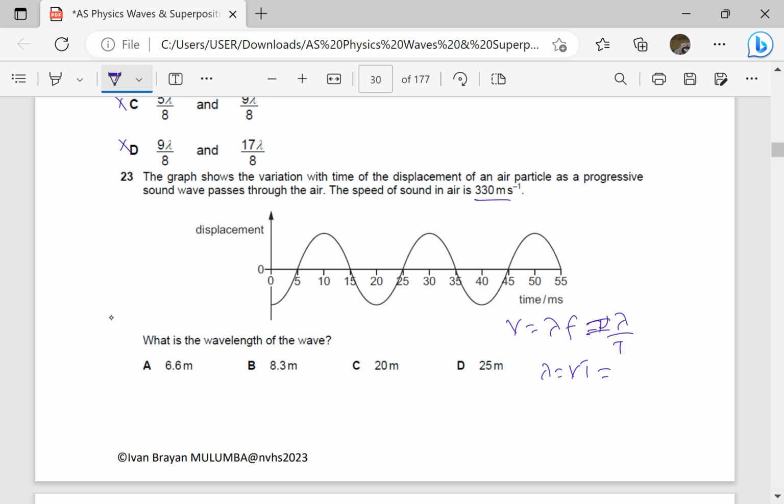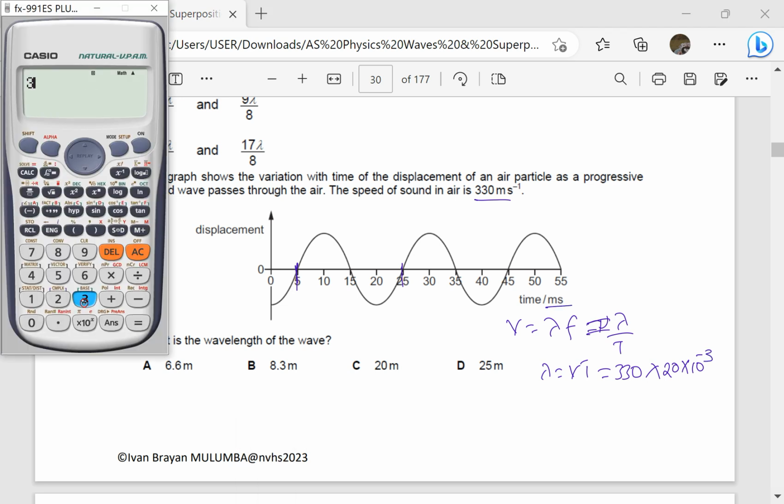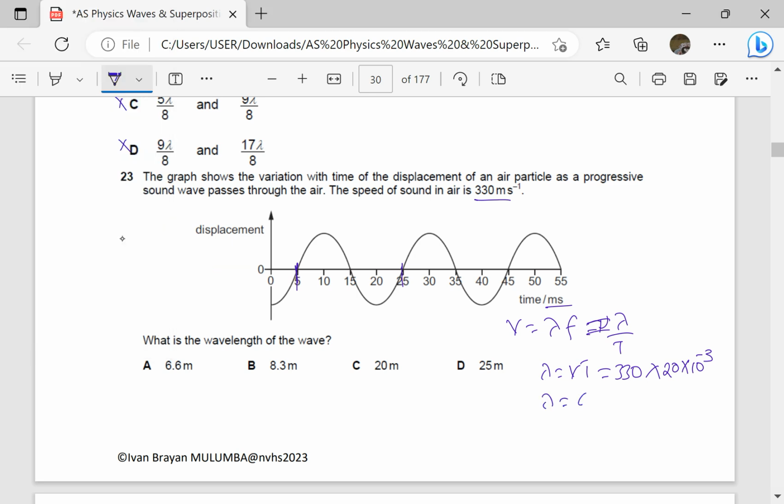Let's substitute. V is 330, times the period. This is 25 minus 5, that is 20. So this is 20 times 10 power negative 3 because it is in milliseconds. 330 times 20 exponent negative 3 gives us 6.6. So our answer is going to be A.